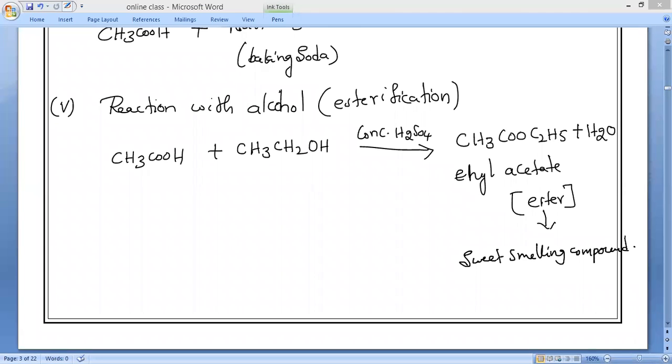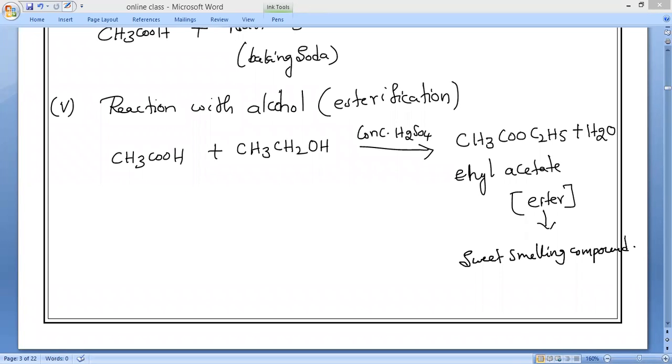When I am doing this, the ester is converted back to alcohol and the sodium salt of carboxylic acid. That reaction is called saponification.